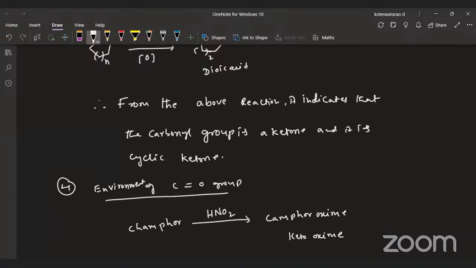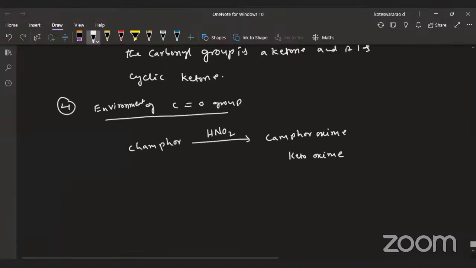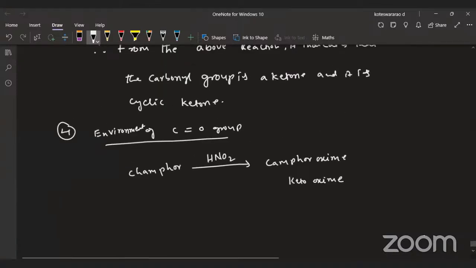When this ketoxime generation takes place, look at it. Suppose this is the ketone existing with an alpha carbon with alpha hydrogen. The alpha position is a CH2 carbon.